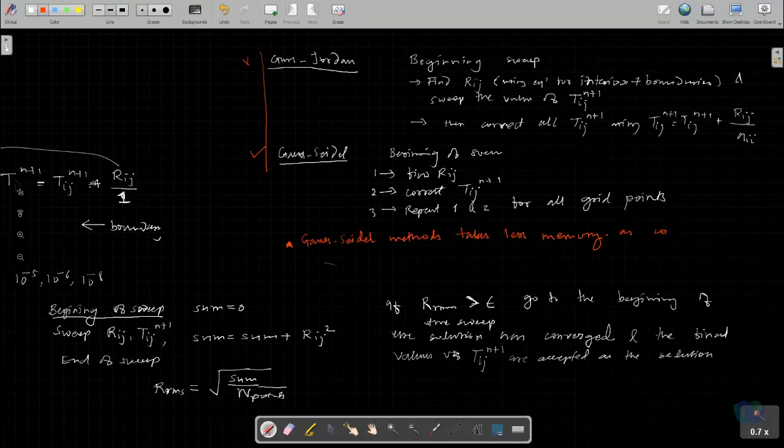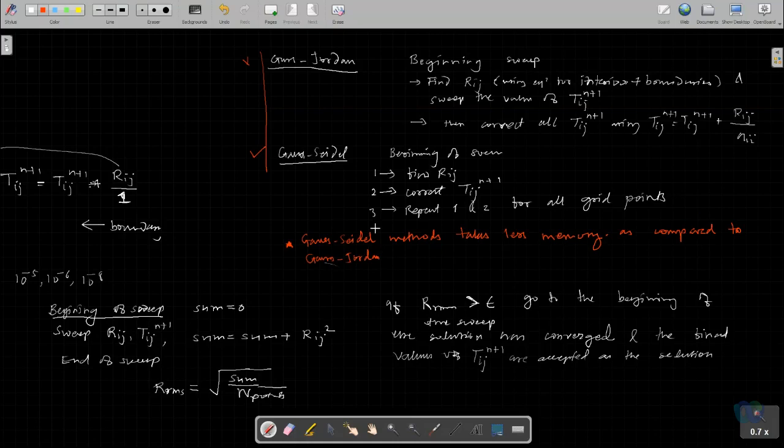Rate of convergence is faster, sir. Okay, but how is rate of convergence connected to memory? Number of iterations will be less. But how do you connect that to memory compared to Gauss-Jordan? Sir, we are considering the latest guess value every time. So how is it connected to memory?